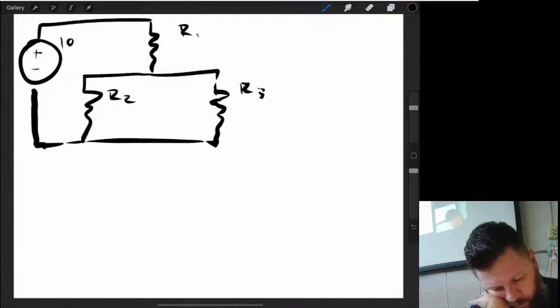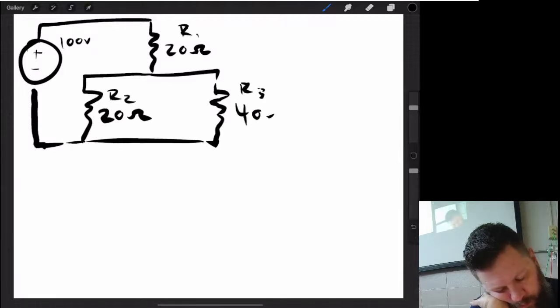Let's do 100 volts again. Let's do 20 ohms again. Do 20 ohms right here. Let's do 40 ohms right here.